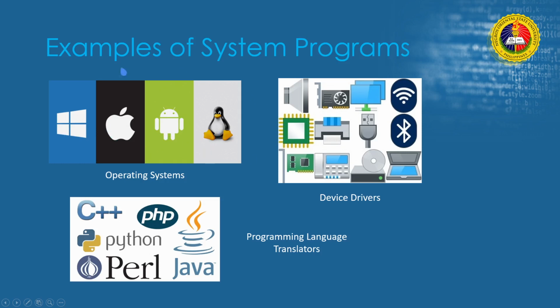We don't necessarily interact with the operating system, because what we use on our computers are the applications. But our computer uses the operating system to work and to perform the tasks that we want it to do. It is not something that the user will interact with or use, but it is something the computer needs.